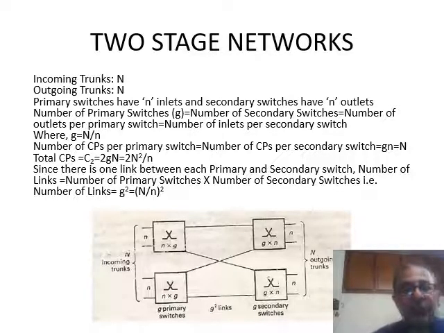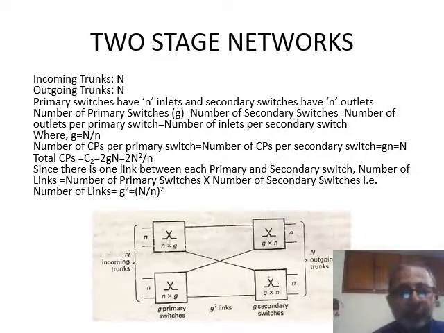Now let's see what would happen if we have a two-stage network, and how many cross points it would contain. Although I have already told you that a two-stage network is not a practical system, we need to calculate the number of cross points in this system, so that it is easier for us to understand the calculation of cross points in 3-stage, 4-stage, 5-stage networks.